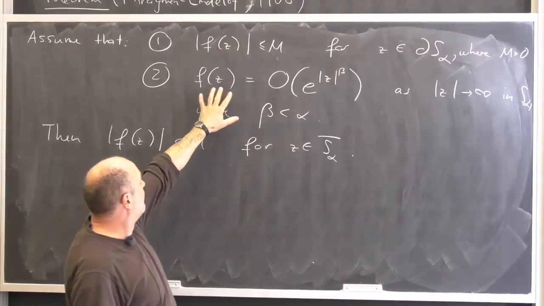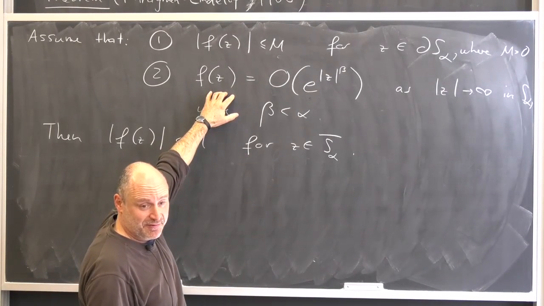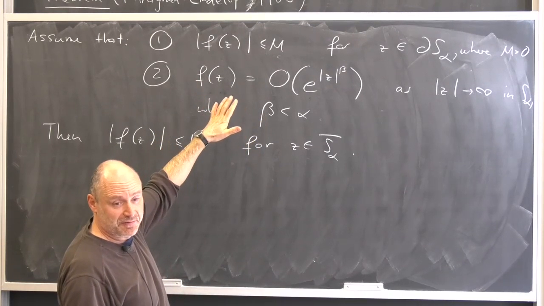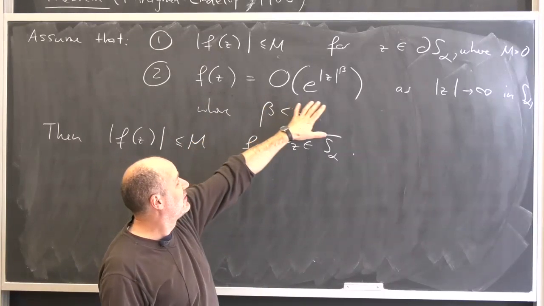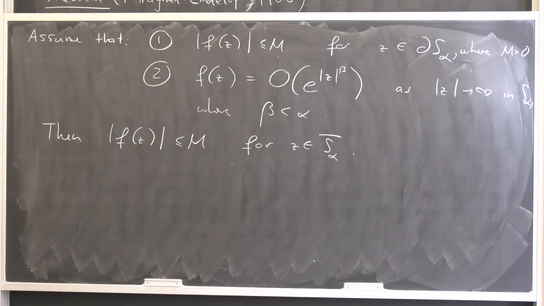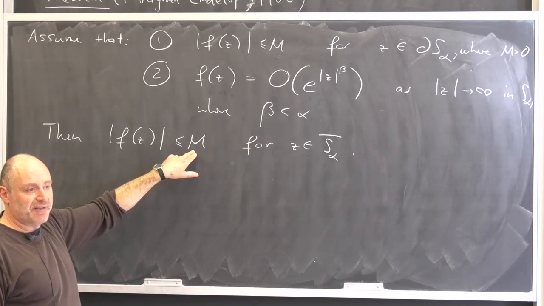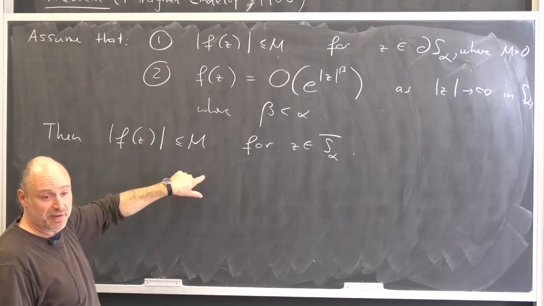A priori you don't know if F is actually bounded everywhere. But you just said it's achieved on the boundary. Yeah, on the boundary of the sector, but there's a lot of space left that's not in the boundary. And all I'm assuming there is that it's not growing too fast. I get the conclusion that the maximum is taken on the boundary, yes. Because M here can be the maximum taken on the boundary and it still works.